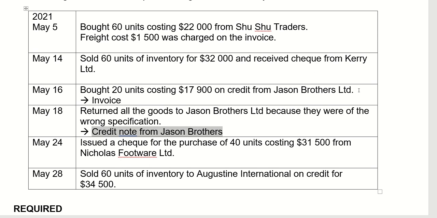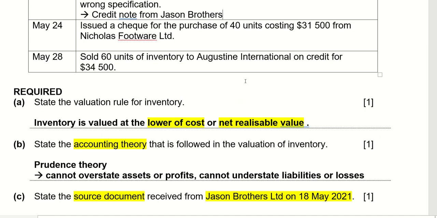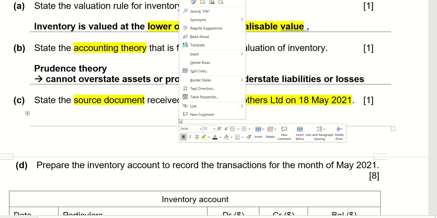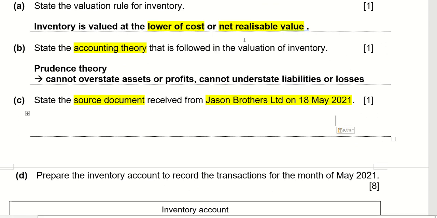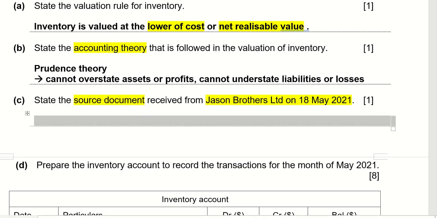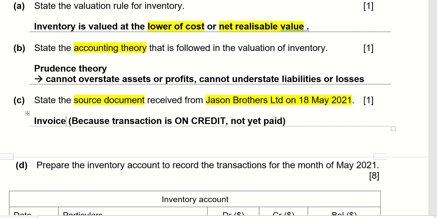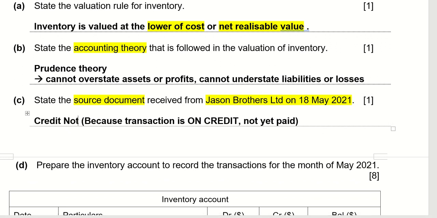Right? You would receive a credit note from Jason Brothers. So the answer is the source document that you receive from Jason Brothers is a credit note, because the transaction is on credit, it's not yet paid.